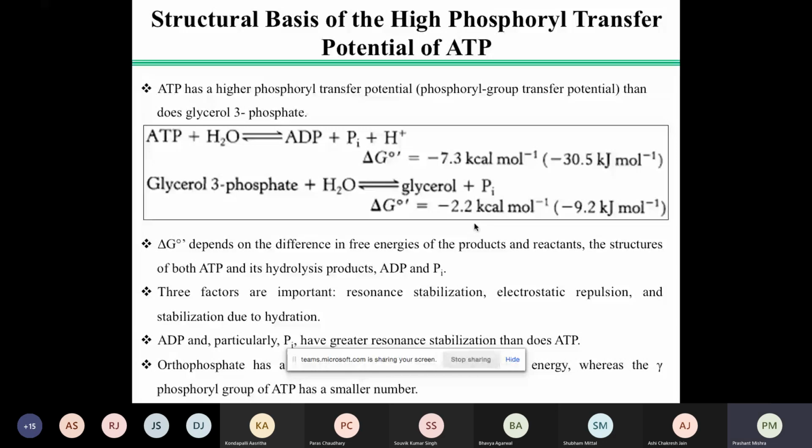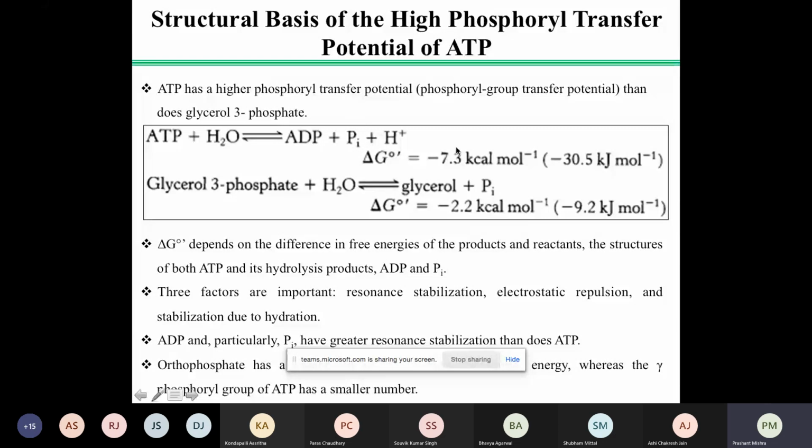Now the factors which are responsible are, one is resonance stabilization, which molecule should be more stable, whichever molecule can stabilize by resonance. So if you look at the reaction, the Pi which is being produced in the reaction can be resonance stabilized because it can have different forms.